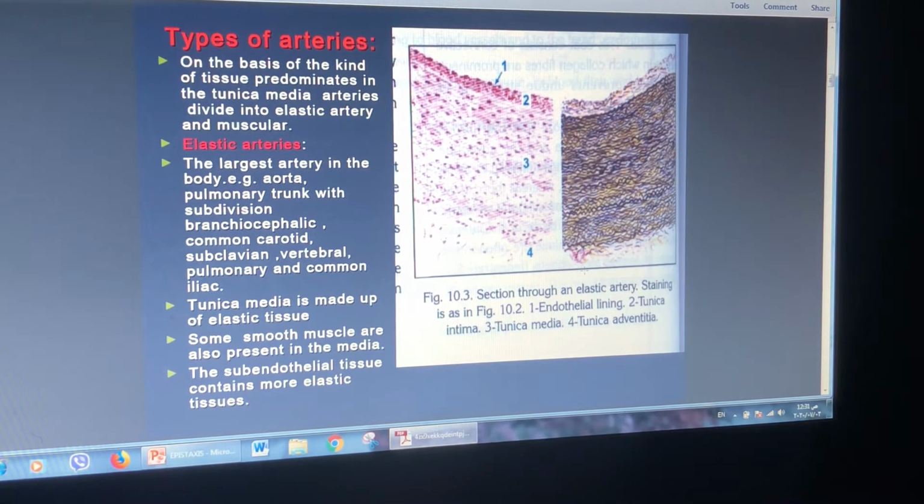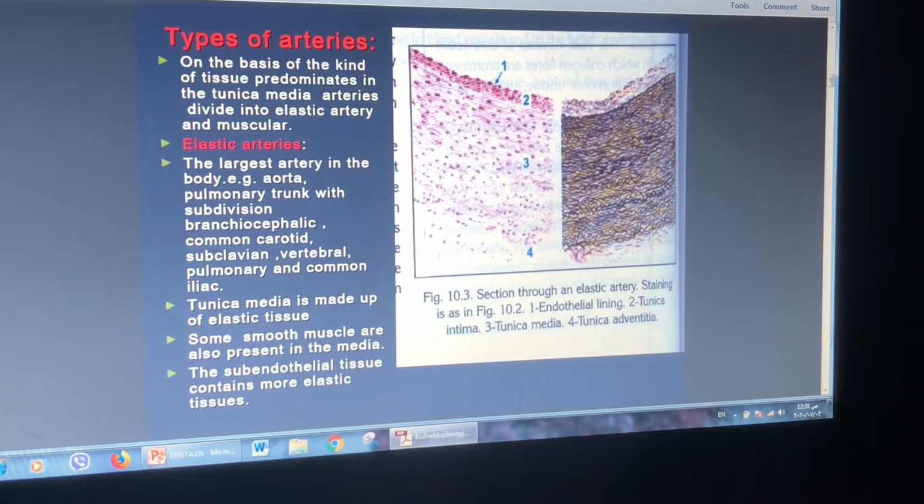The tunica media is made up of elastic tissue. Some smooth muscle is also present in the media. The subendothelial tissue contains more elastic tissue.